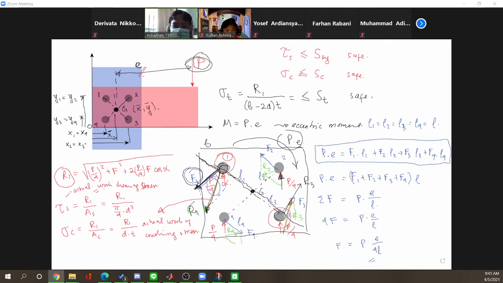So what we draw here, I want to emphasize, is the reaction force. Okay? The reaction force. So if we follow that procedure, then we can have this equation. Okay? Is it clear for you?